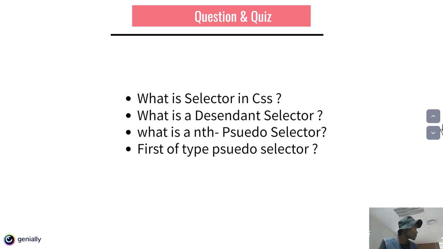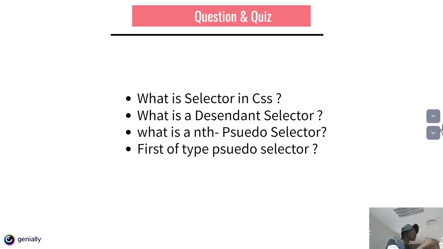Not really, because when you're using a tag, you can also target HTML elements using the tags, right? But the problem with the tags, just picture this: you are targeting a div, and you are targeting just one div, and it turns out in your page you have about 8 divs.